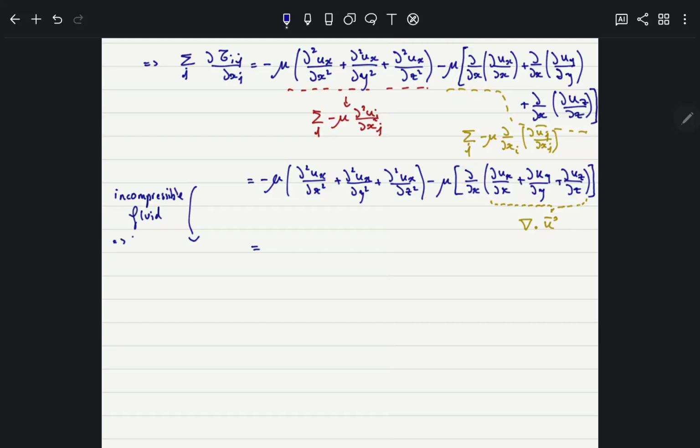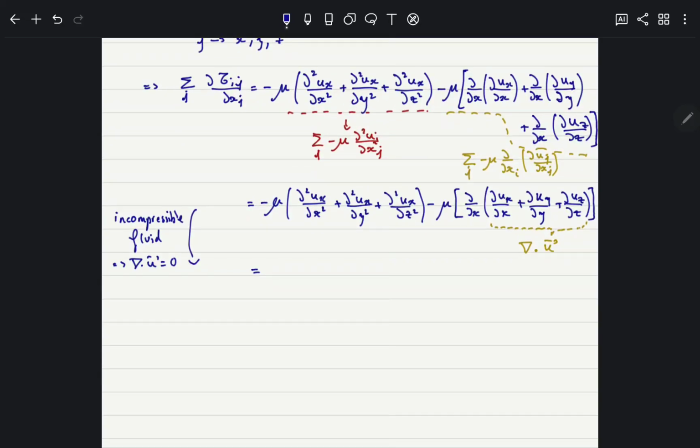Incompressible fluid means divergence of the velocity equals 0. So your component of the derivative of the viscous stress is going to give you negative mu d2ux over dx squared plus d2ux over dy squared plus d2ux over dz squared. That's the only surviving term.